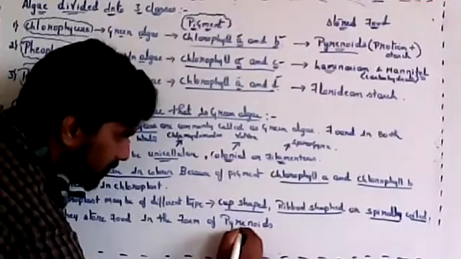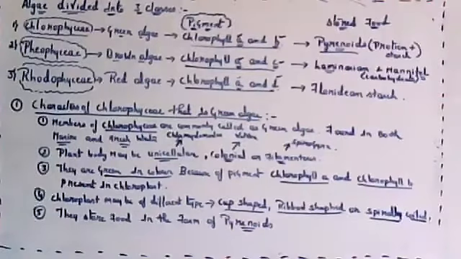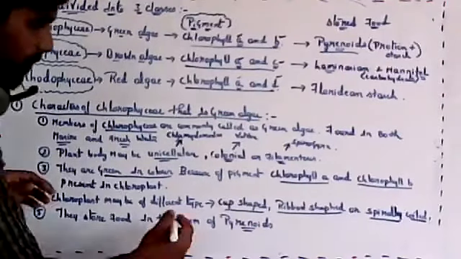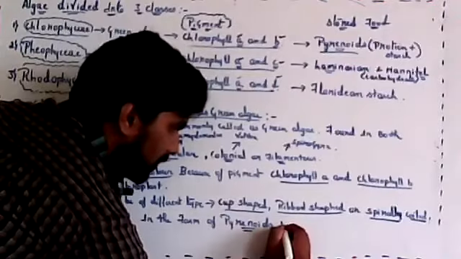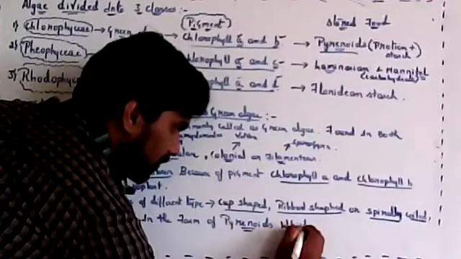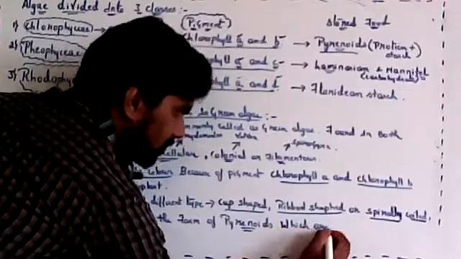Pyrenoids. Stored food is in the form of pyrenoids, which are present in chloroplast.